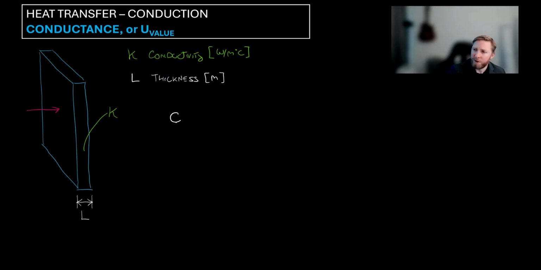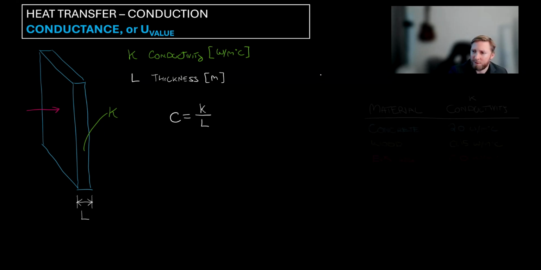I can either put U value or conductance; in this case, I'm going to use C to represent conductance, and it's equal to the conductivity divided by the thickness. To illustrate this, if we take a material with a specific conductivity and we know the thickness of that material layer, we can determine the conductance value.